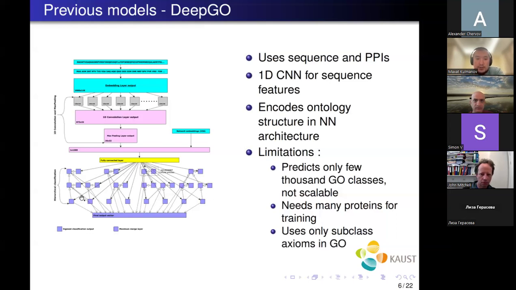So if this is a specific class, the predictions of this specific class would go to the higher level, to the superclass.